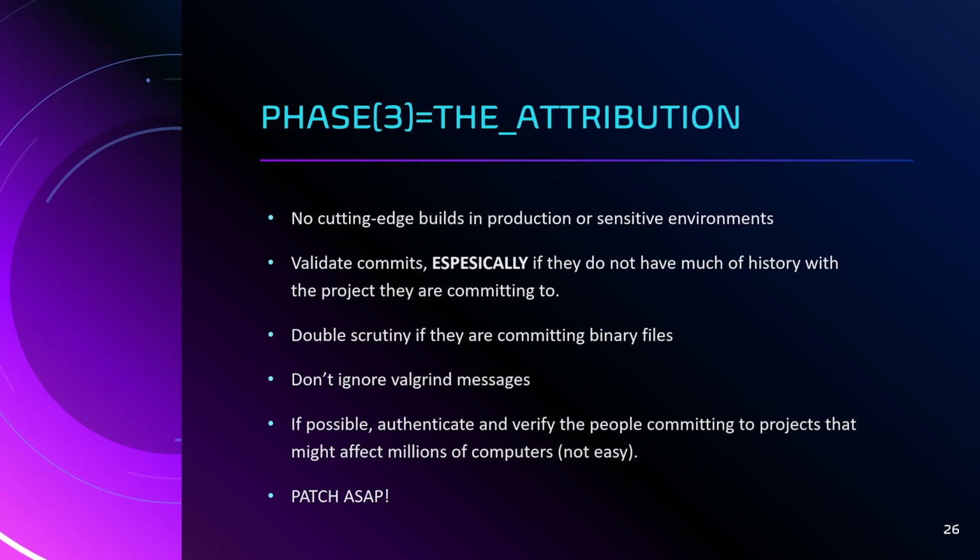Also, don't ignore any Valgrind messages. Usually, I know sometimes it's all false positive, but usually it's very correct and it's pointing to some problems, some issues. Take those seriously. And I guess for open source projects of this size, if this was not caught now, right? Imagine, let's think that this was not caught in like 20-30 days, the XZ to the liblzma, and you can't imagine how many projects are using LZMA.